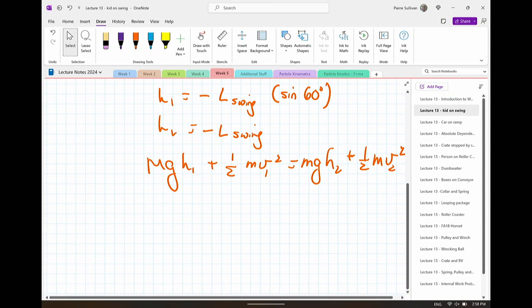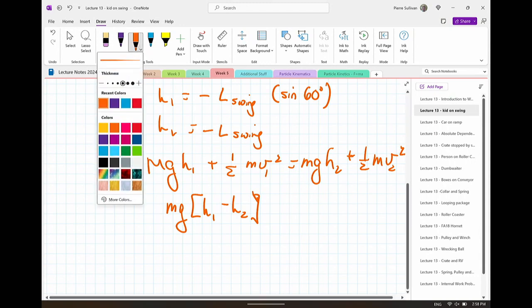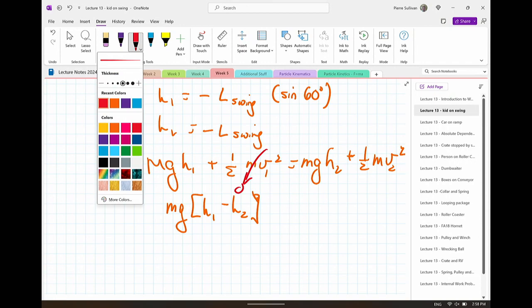Which is just mg(h1 minus h2). This goes to 0 because the kid starts at rest.